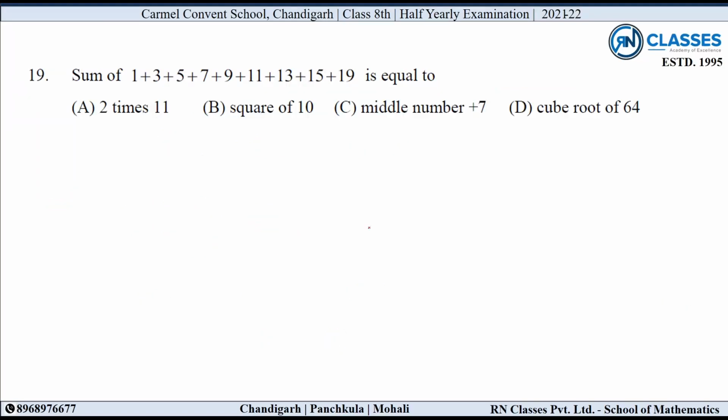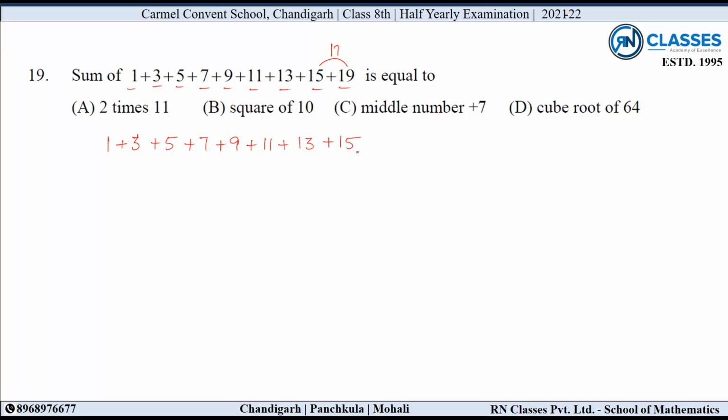No need. Let's move on to question number 19. The sum of 1 plus 3 plus 5 plus 7 plus 9 plus 11 plus 13 plus 15 plus 19 is equal to... if you notice 15 and 19, 17 is missing. Means 1 plus 3 plus 5 plus 7 plus 9 plus 11 plus 13 plus 15 can be added together.